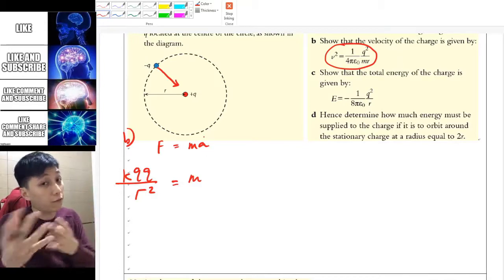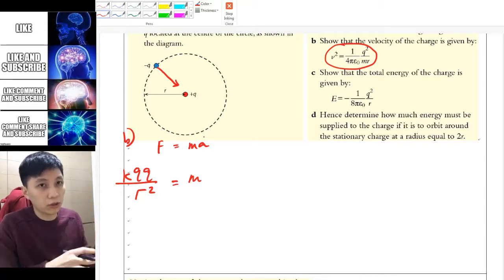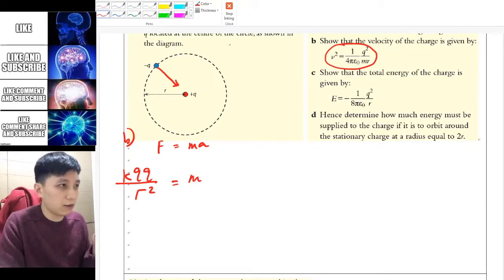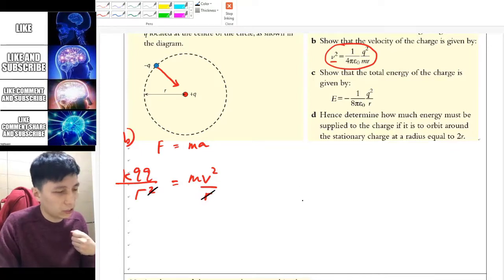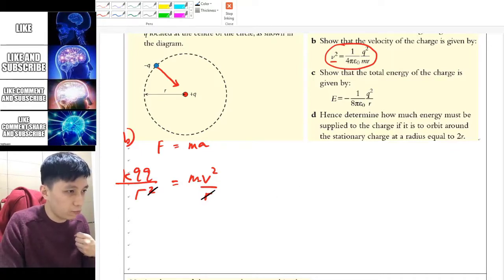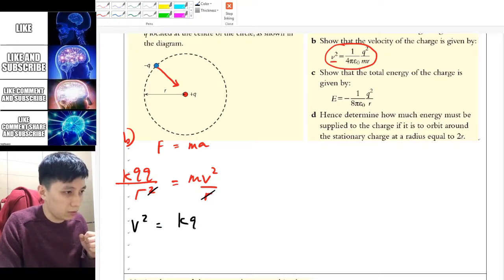which gives you 4 different forms that you can choose if you recall what you learned in chapter 6. Here, if you look at what they want you to do with v squared, then obviously we should use v squared over r. First of all, you would want to cancel the r on each side, and then rearrange it so that v squared is the main term, keeping k and Q squared on the other side, and m moved over, so that will be m r.